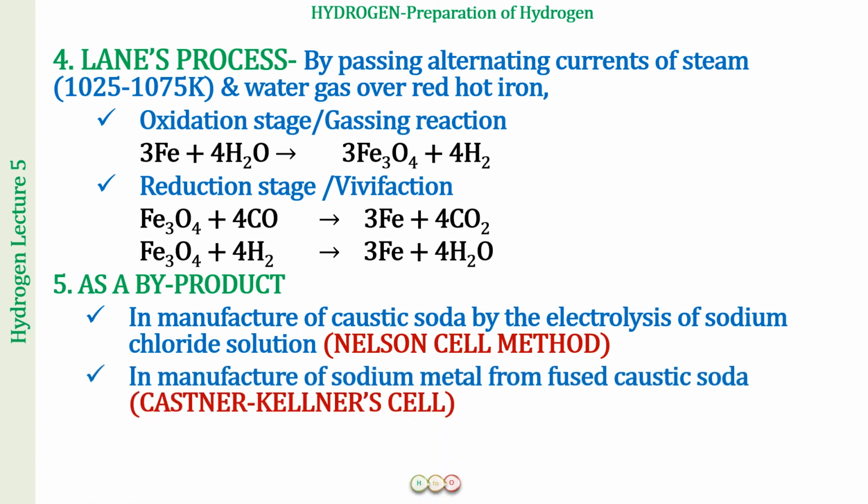Okay, and it is also produced as a byproduct in the manufacture of sodium metal from fused caustic soda, and the process is called the Castner-Kellner cell. So this again we will be talking more about when we will be studying the S block elements, the second course for inorganic chemistry for class 11th.